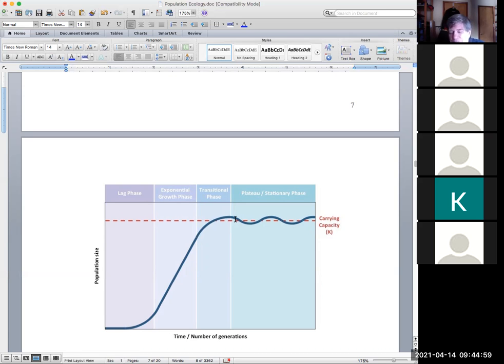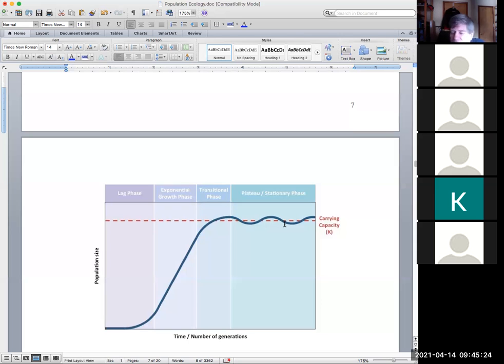So what happens? Reproductive rate may decrease. Death rate may increase. So the population goes down a little bit. When the population goes down a little bit and it's below the carrying capacity, now all of a sudden, there are plenty of places to hide from predators. It's easy to find mates. There's lots of food to go around. So birth rate increases, death rate decreases. So the population goes up a little bit.